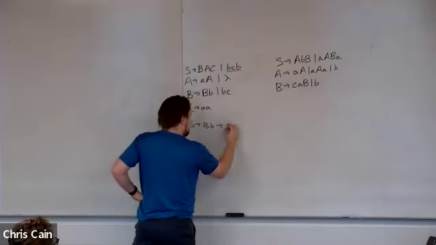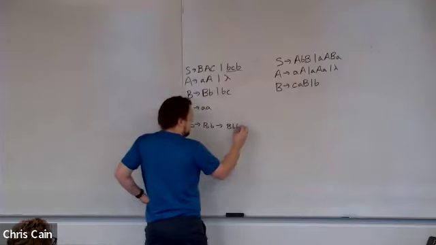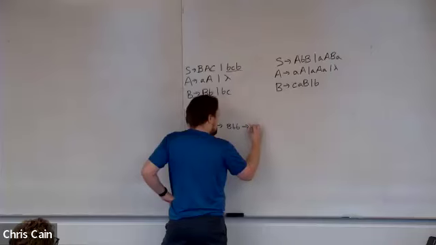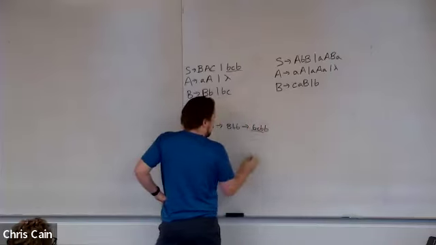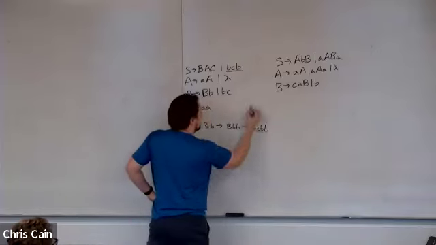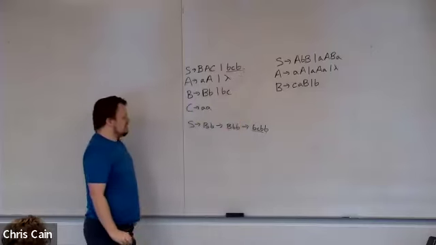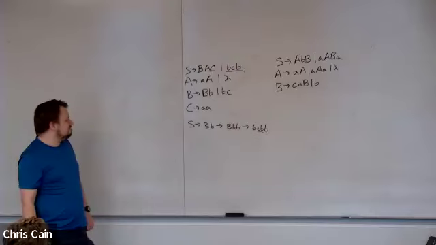We make B, BB, and then we turn this B into BC. And now we see that there's the BCB, but it's that 4th character here that tells us whether it's the end of the string or whether we can produce a B.